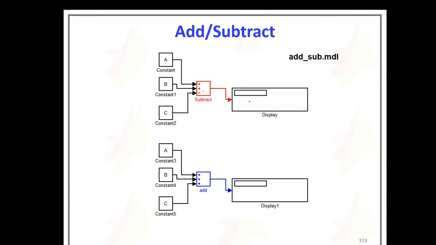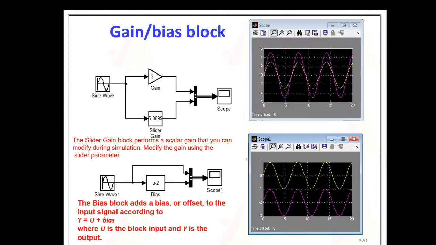Now instead of plot or scope I am giving it as the display. So you can do a plus b minus c, a plus b plus c. So this is the add and subtract, and you can see here the gain block. This is the sine wave and one gain block, and you can see the slider gain. There is one slider gain available.